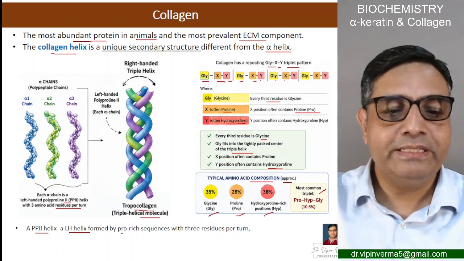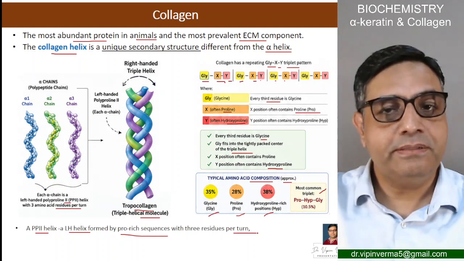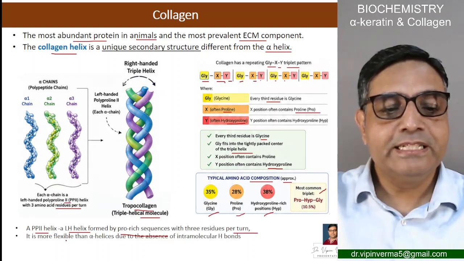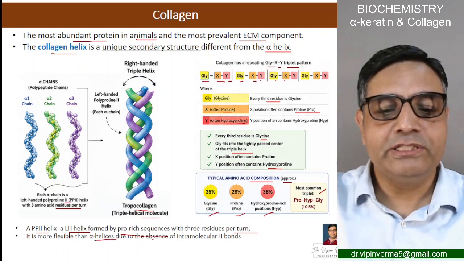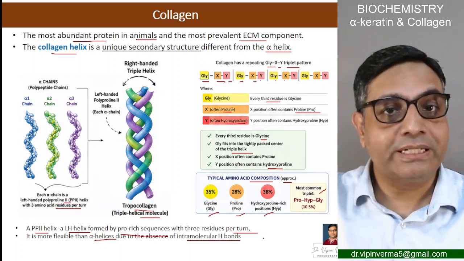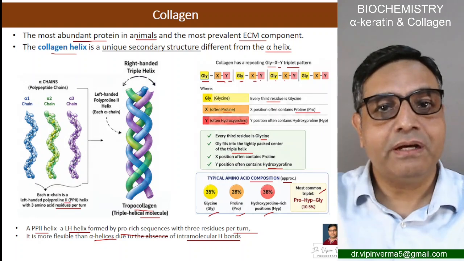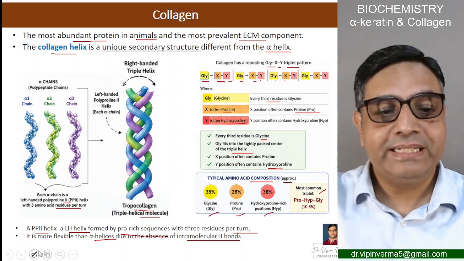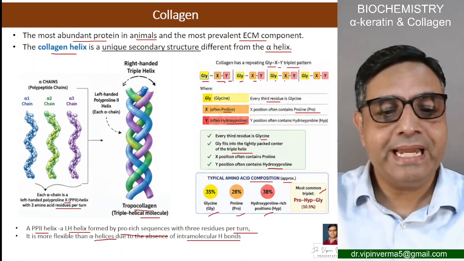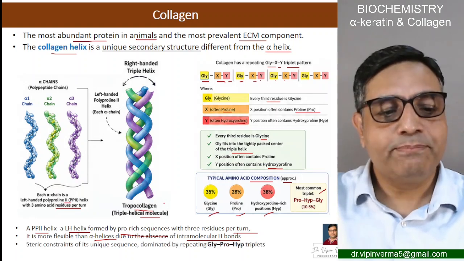Now these are formed by proline-rich sequences with three residues per turn. Okay, you can see here. It is more flexible than alpha helices due to the absence of intramolecular hydrogen bonds. Now that's a very important point, because alpha helices will have intramolecular hydrogen bonds which contribute to the formation of the helix, but in this particular collagen helix these intramolecular hydrogen bonds are absent.